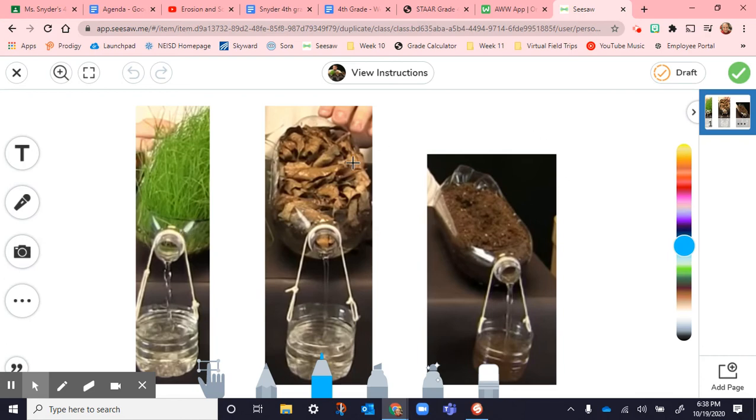So if you want to take notes on here, that's fine. You don't have to. Some students wrote down, they used the text, and then they used the record to share their notes that they had. So students were to turn that in today.